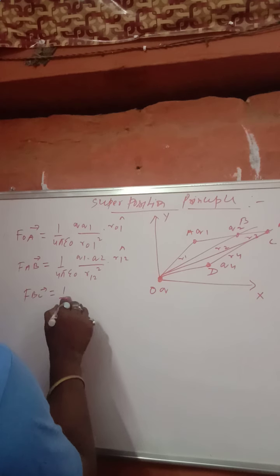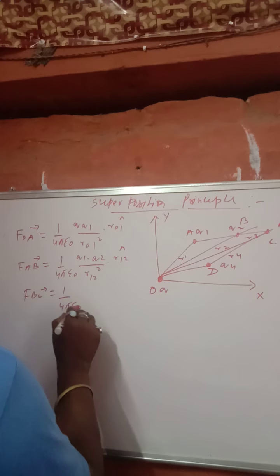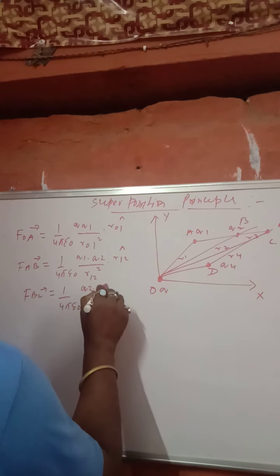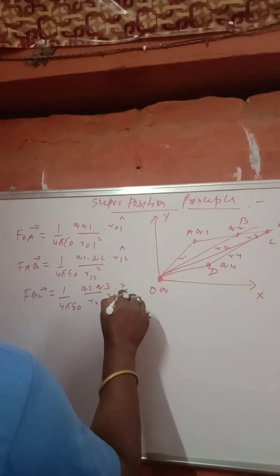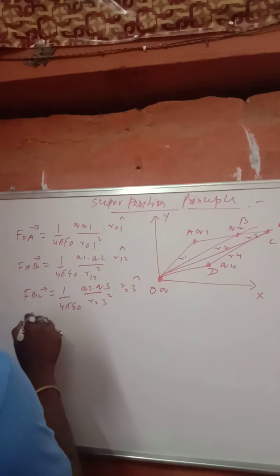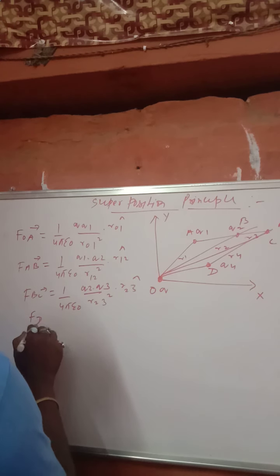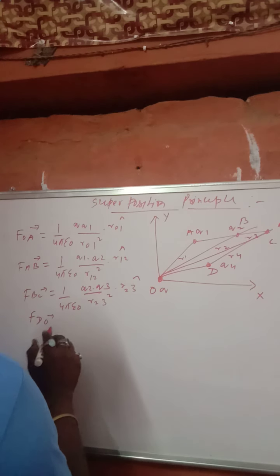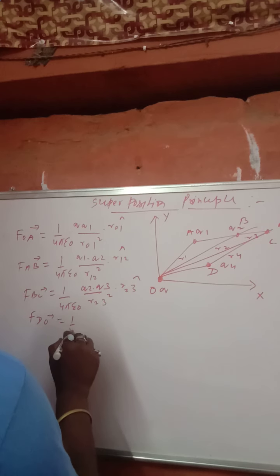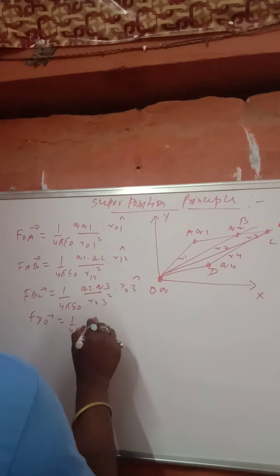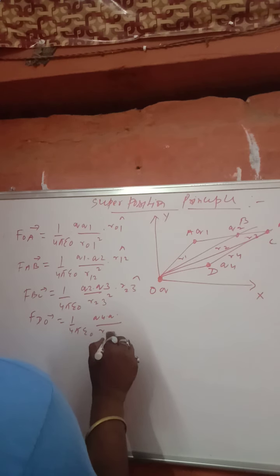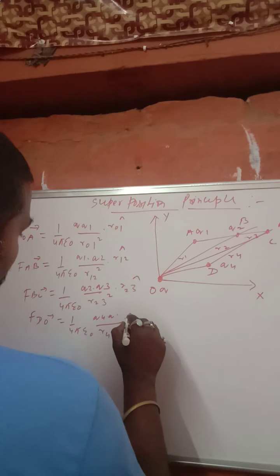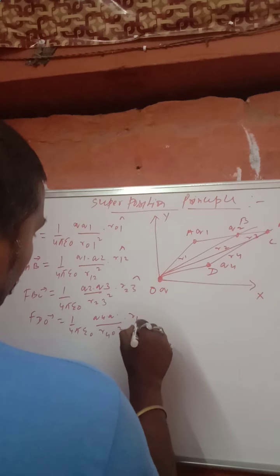FBC is the same as 1 upon 4 pi epsilon naught Q2 Q3 upon R23 square, R23 position vector, and the applied force from D to O is 1 upon 4 pi epsilon naught Q4 Q upon R40 square, R40 position vector.